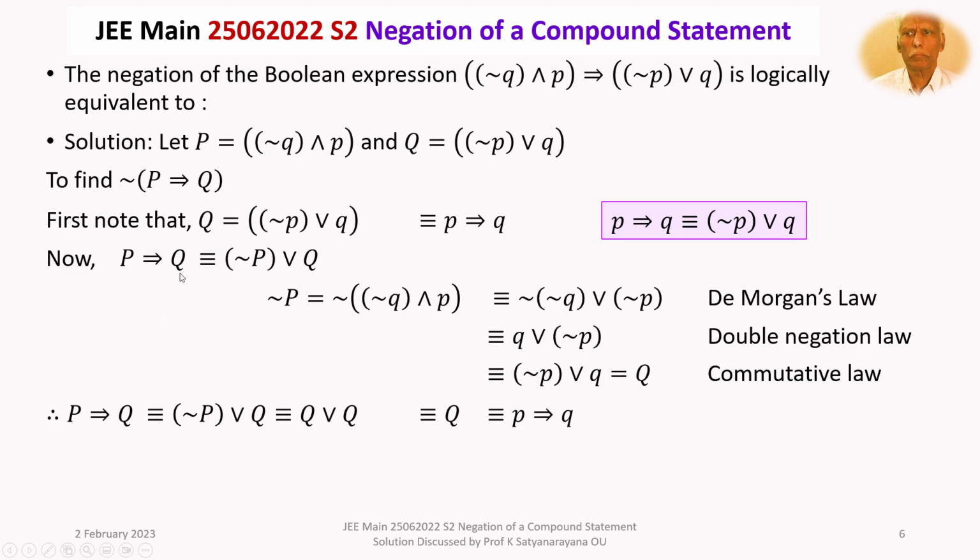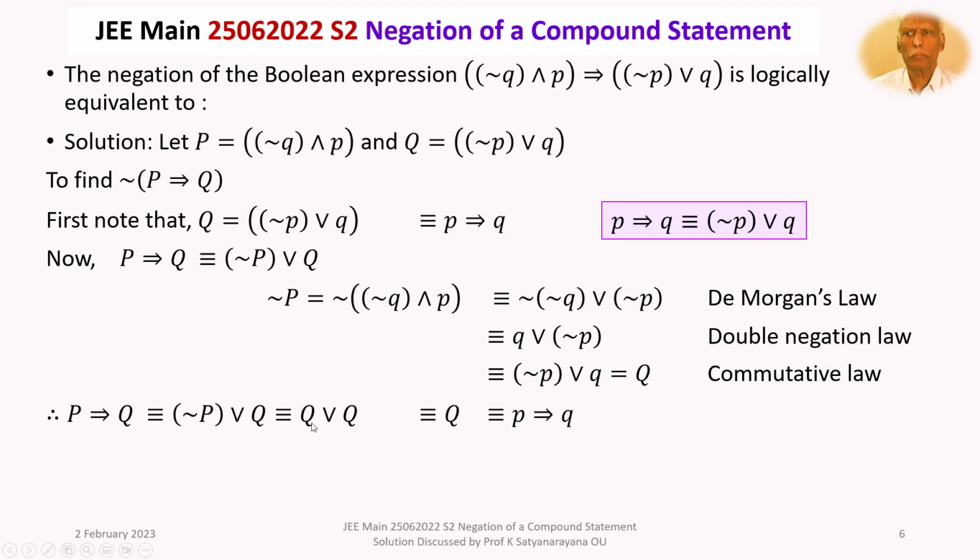Now go back. Capital P implies Q is logically equivalent to negation of capital P or Q, that is equivalent to negation of capital P. We have seen capital Q here. So capital Q or capital Q is equivalent to capital Q, that is the idempotent law.